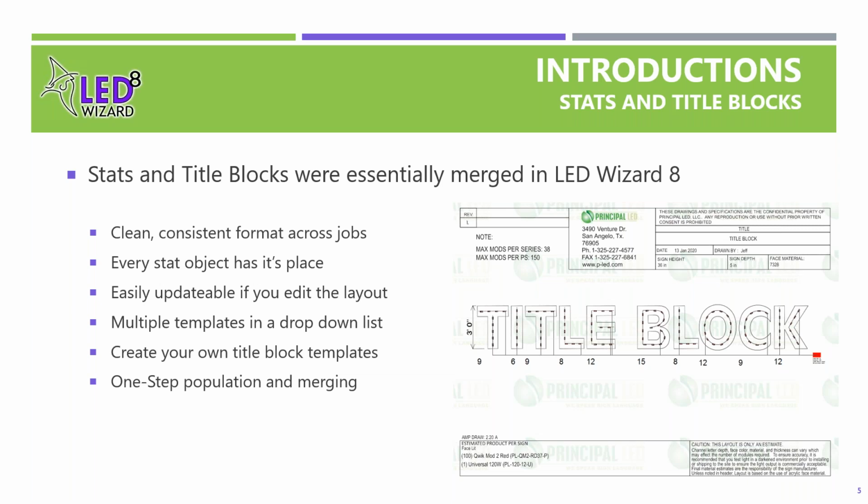And then there's also an option for one-step population and merging into the title block, and we've gone through that in the previous sessions. You've got a clean layout. Hey, I just want to make that layout, create my stats, and merge in the title block essentially in one step. So that's a nice productivity gain.